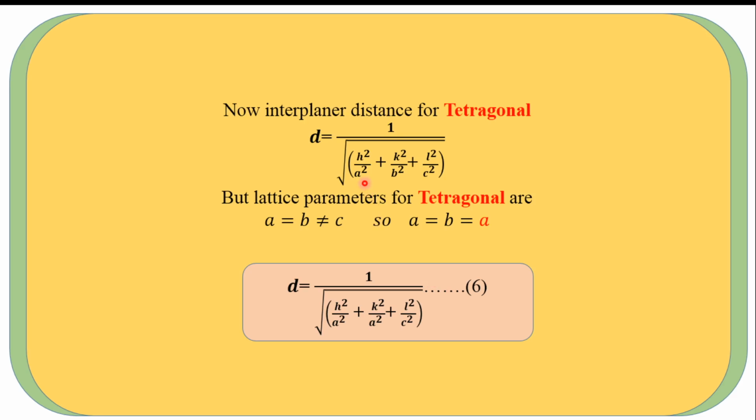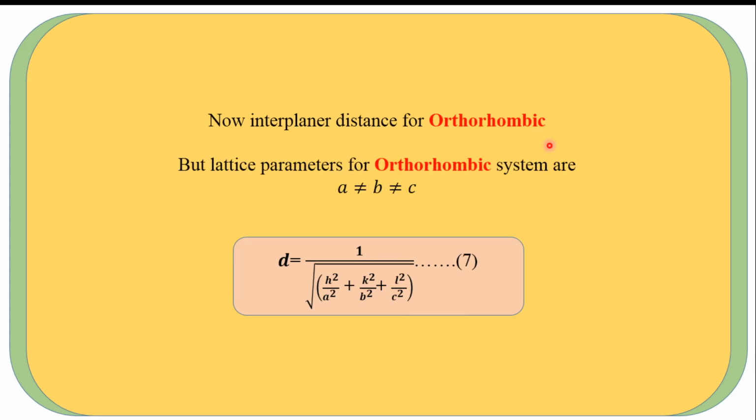So here we put a square, here also a square, and here c square. So d is equal to 1 divided by under root h square divided by a square plus k square divided by a square plus l square divided by c square. So this is our equation 6 for trigonal system.